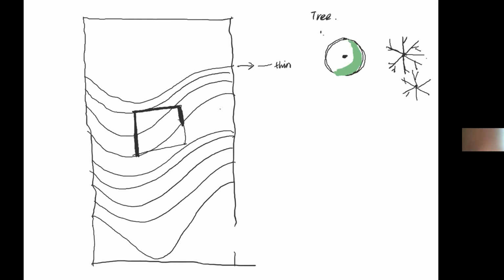It looks more like a winter tree, and it only has branches, no leaves. The third way to draw the trees is you outline what it looks like. And that's very simple.